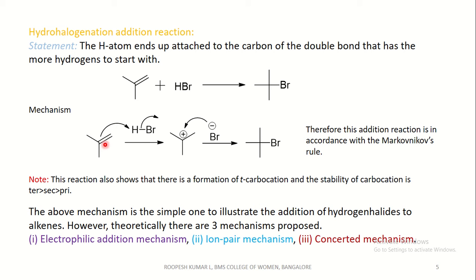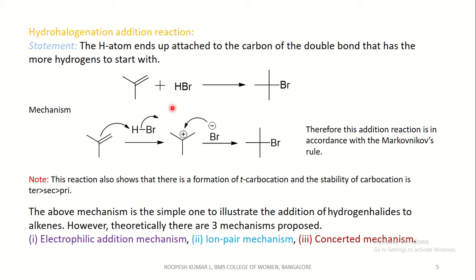Coming to the mechanism, this double bond attacks the hydrogen, forming a carbocation, and the eliminated bromide attacks the carbocation to form tertiary butyl bromide. You can see, according to the statement, H adds to this carbon but not to this carbon.